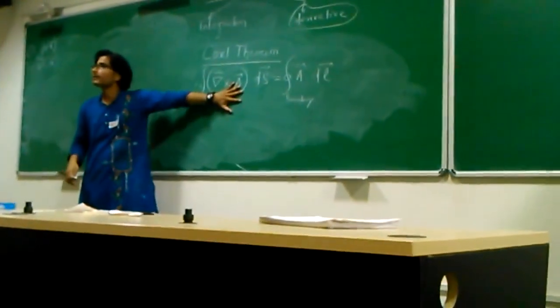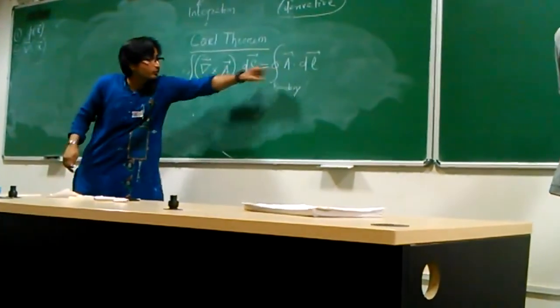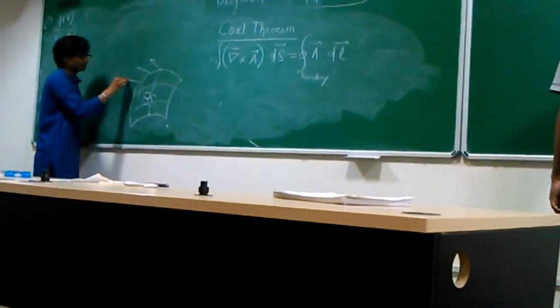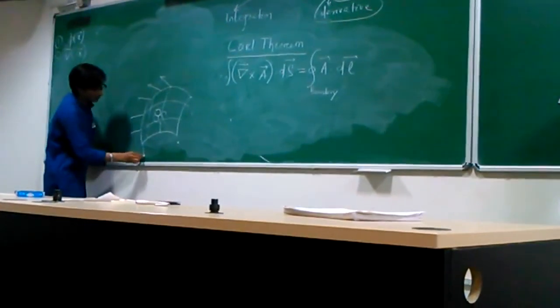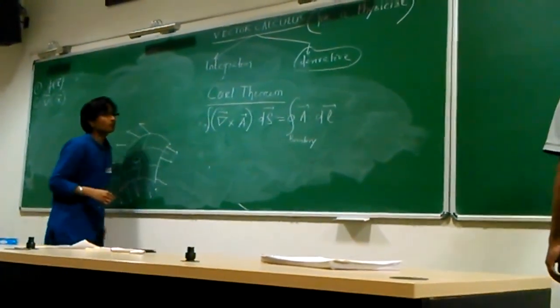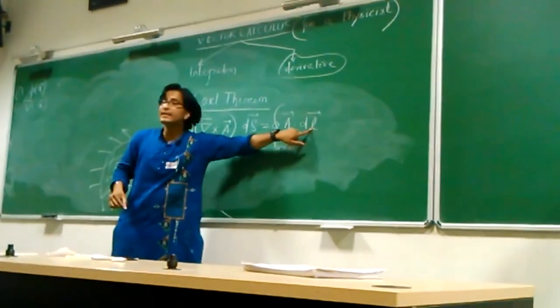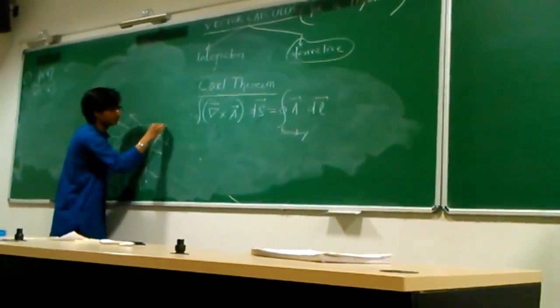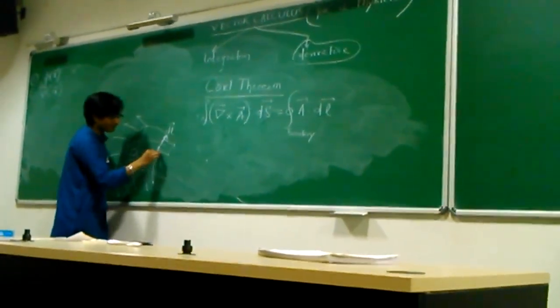This is the left hand part, which is equal to the vector field on the boundary, A dot dl, where dl is the length along the boundary.